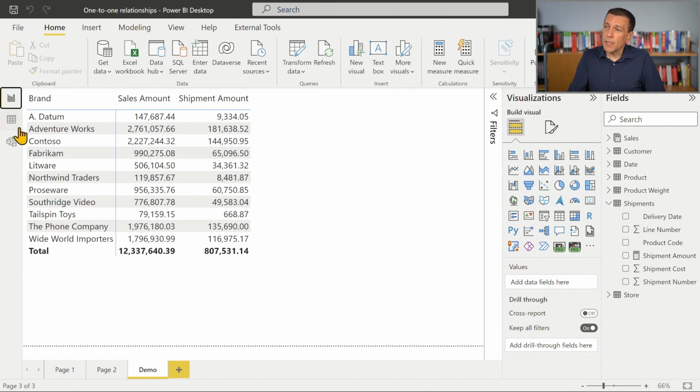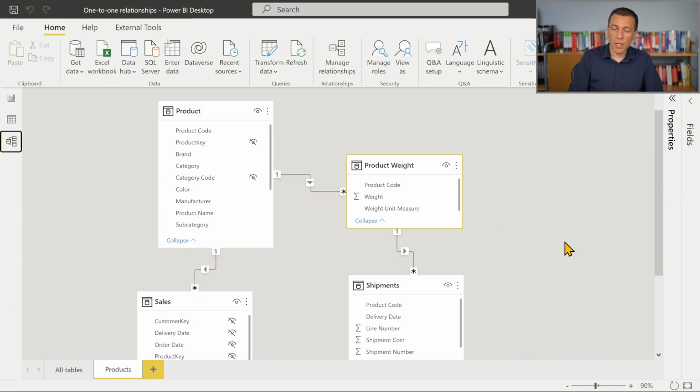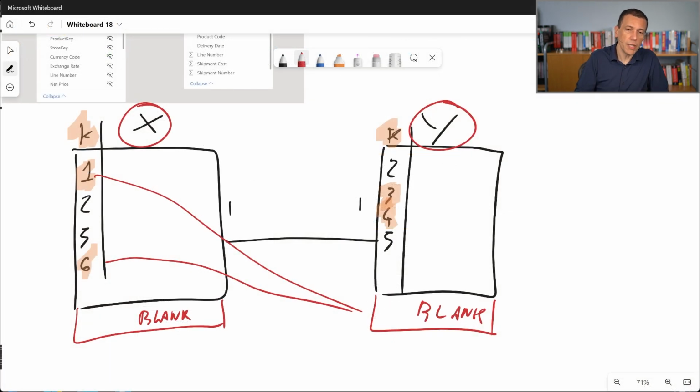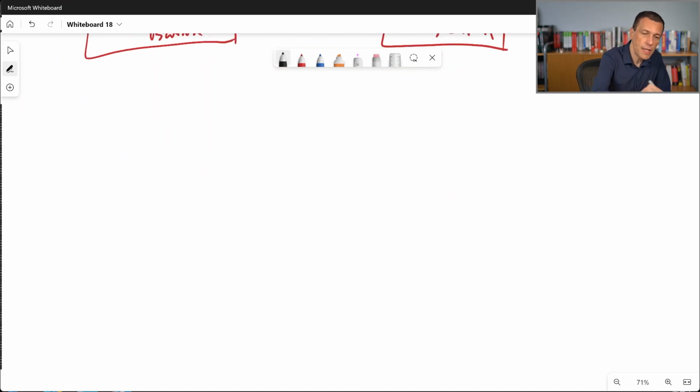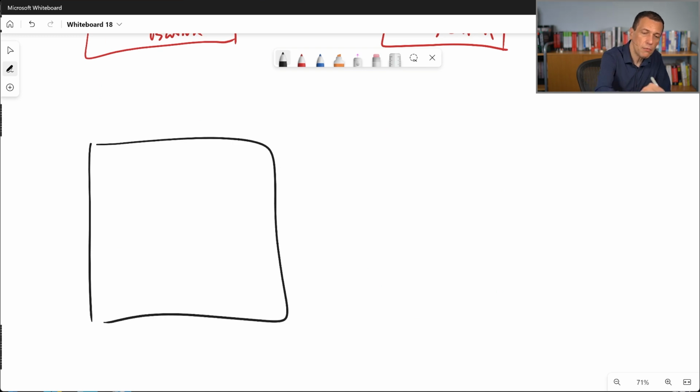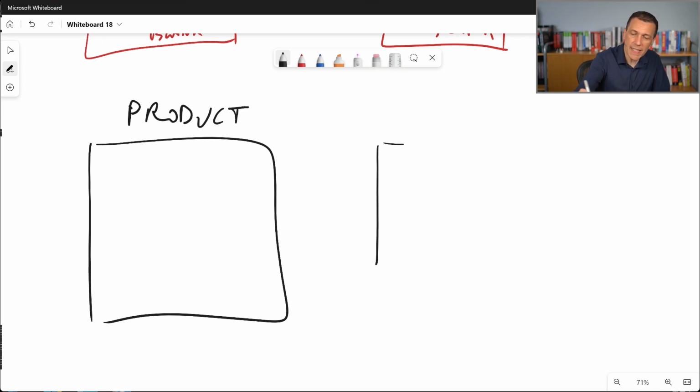Now, of course, if we think about this model, and if we go back to the whiteboard, let's focus on another example. So we have the product table, and then we have an extension of the product table, which is the product weight.